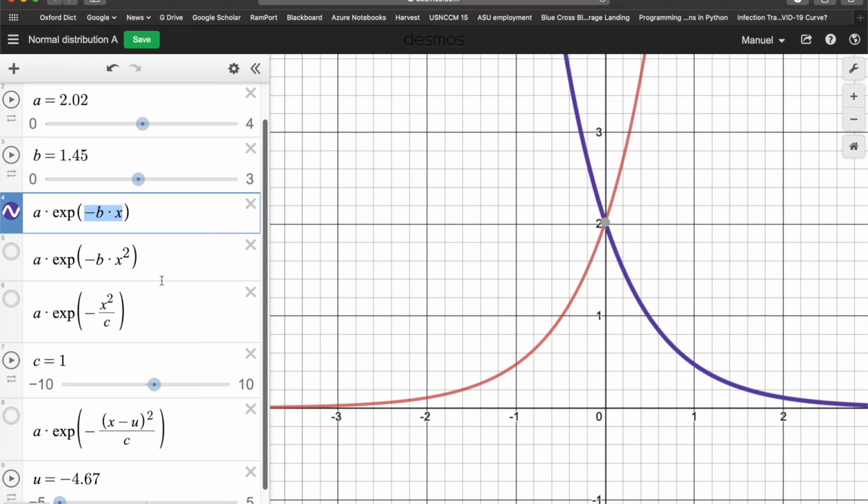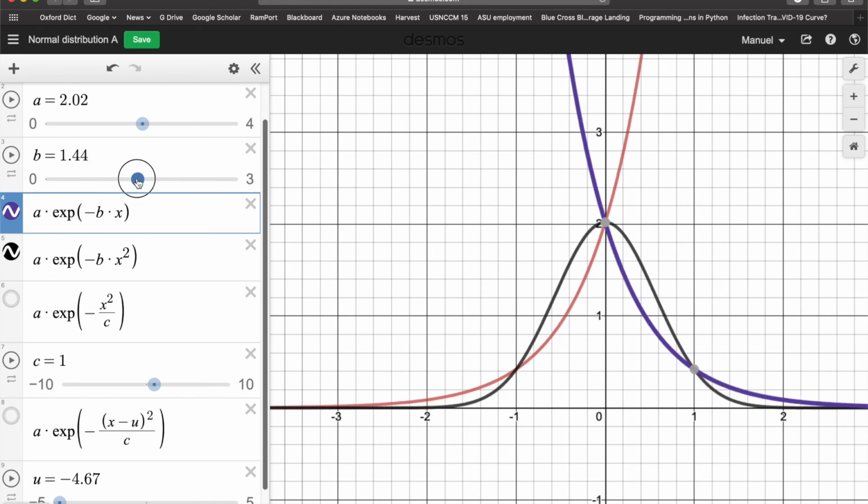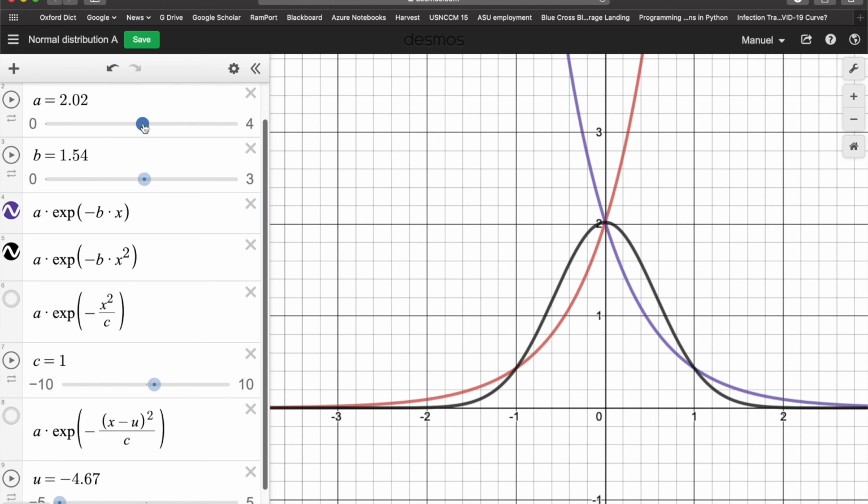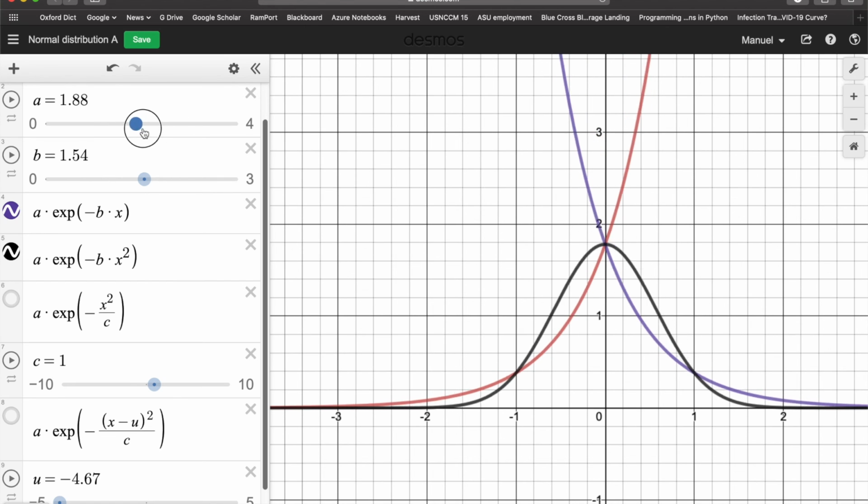Now, what is the effect of having x replaced by x squared? By changing that, the negative part of x will become positive, and we will have a quadratic approach when x is close to 0. So again, changing b will change the curvature, and a will change the crossing point.